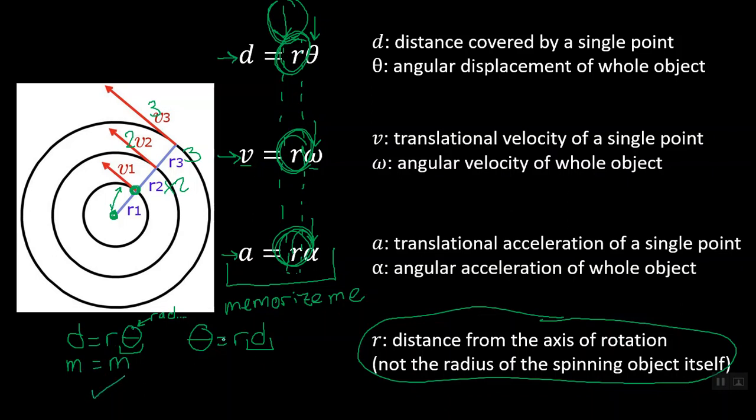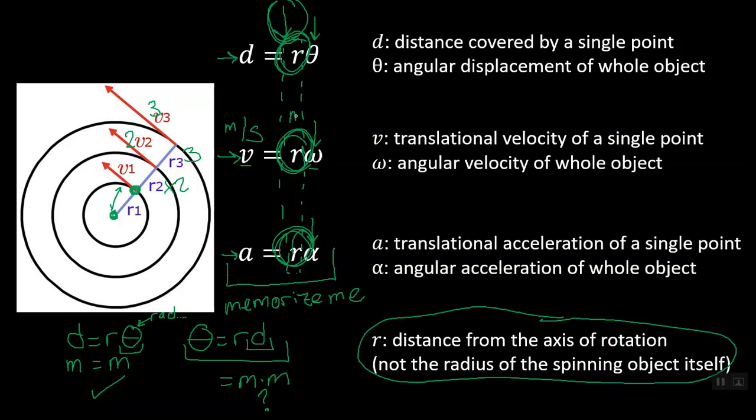If you accidentally write it like this, then you're going to do a radius in meters times a distance in meters, and you're going to get radians is equal to meters squared, which definitely is not something that is going to work out. So always keep in mind you want your linear quantities on opposite sides of the equal sign. So up here at velocity, you want meters per second over here.